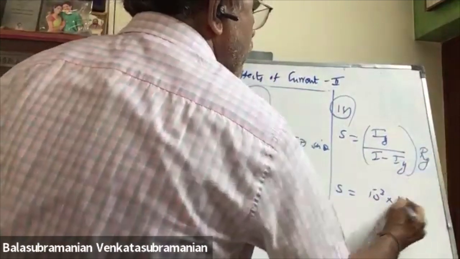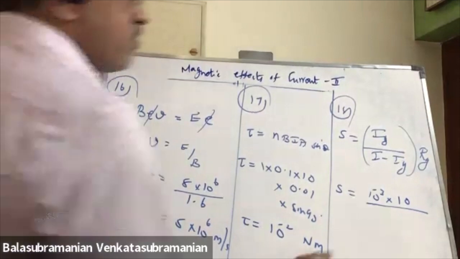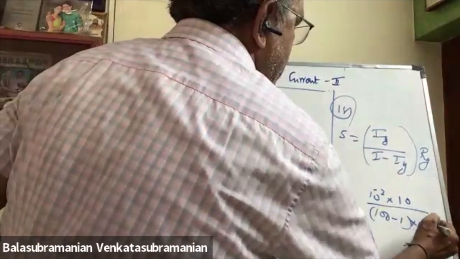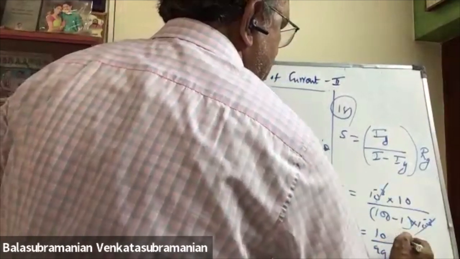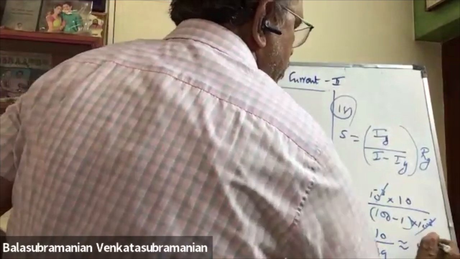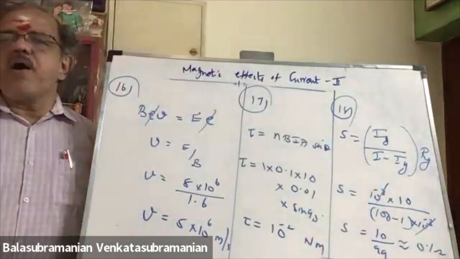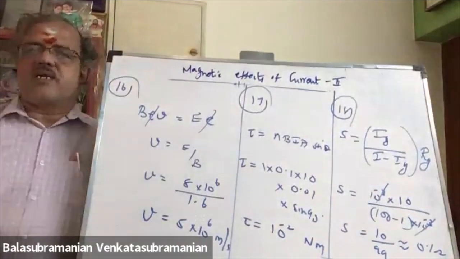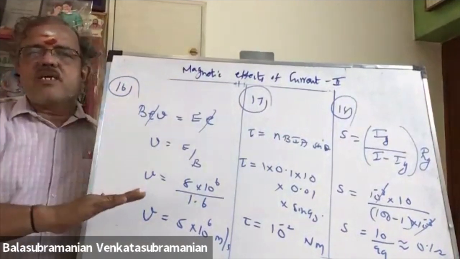This is 10 ohms. Total current 100 milliampere. 100 minus 1 milliampere, you can take it out. Cancel 10 by 99, nearly 0.1 ohm. So nearly 0.1 ohm should be connected in parallel with the galvanometer. This is conversion of galvanometer to ammeter.